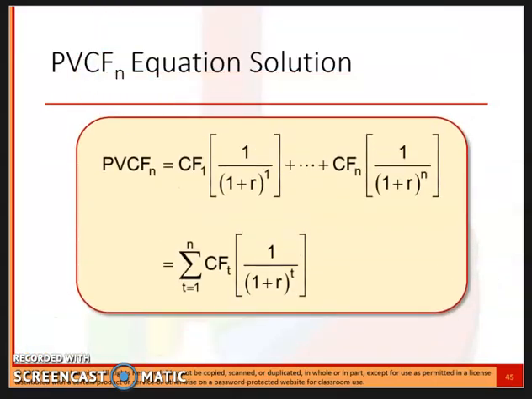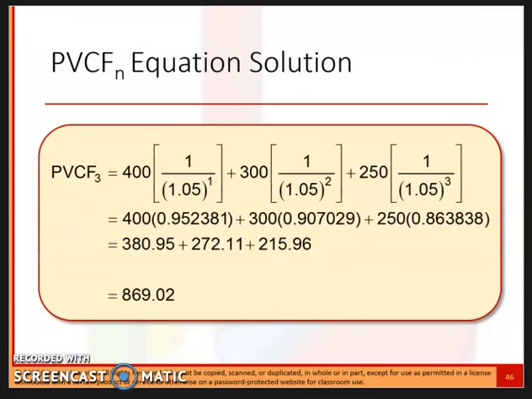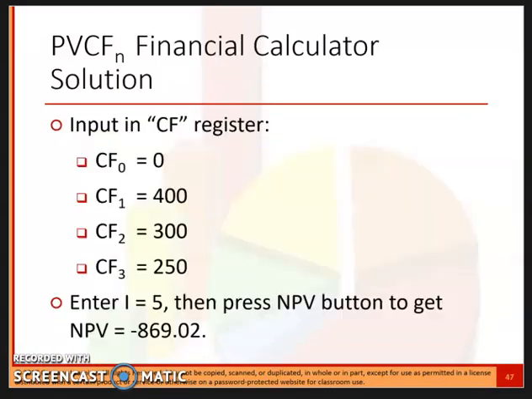So this is the formula. Basically, there's no other solution other than to do this by hand. The next slide is what I just showed you. You hit second and the cash flow key. CF0 is 0. These are actually C01 on the calculator.